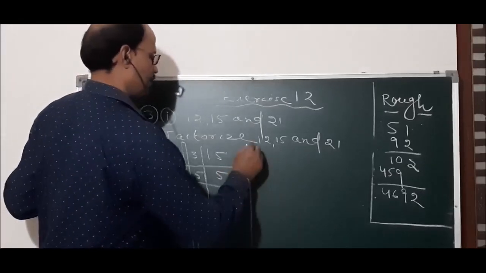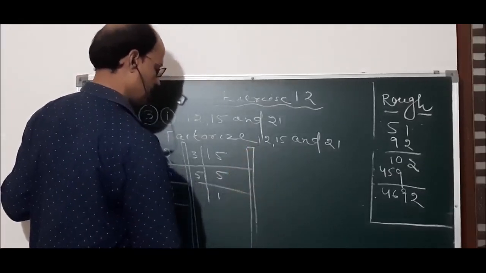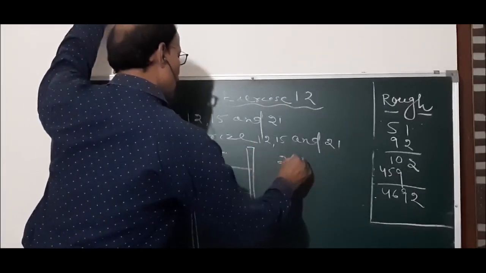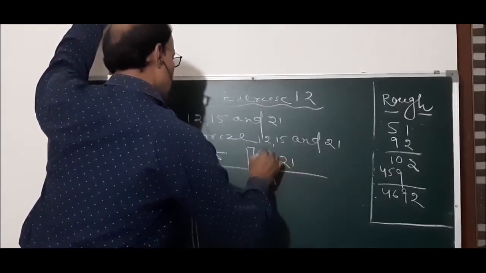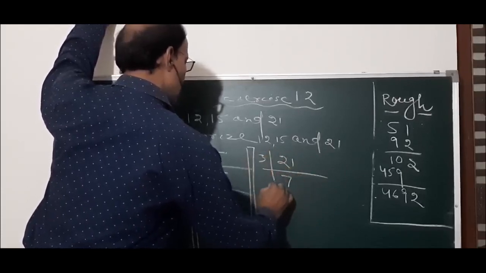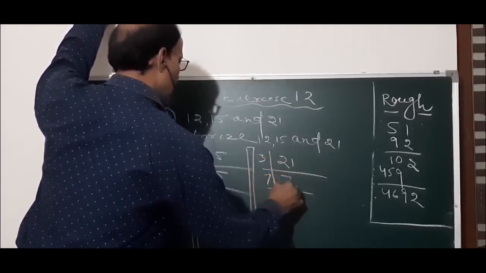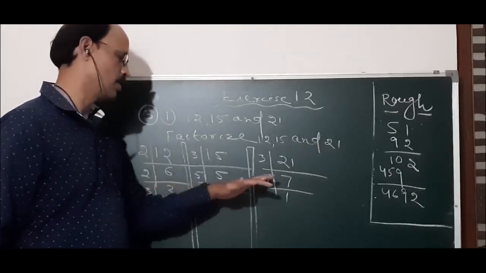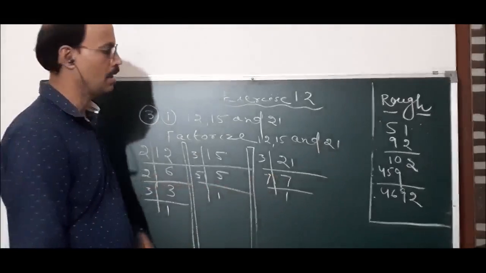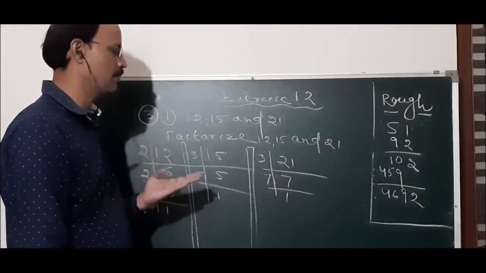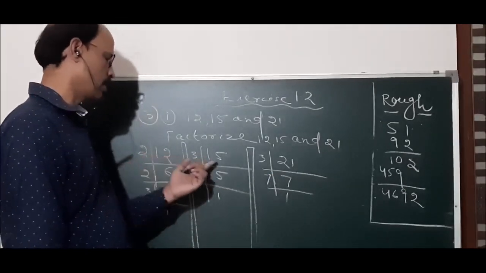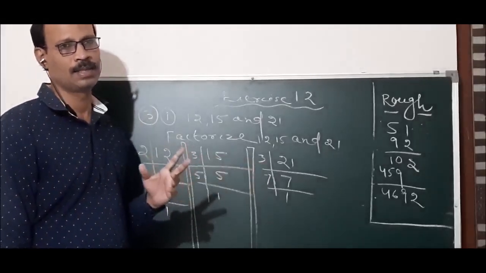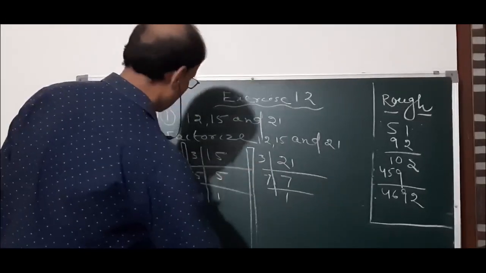Now 21. So 21, 3 7 are 21, 7 1 are 7. So now we factorized all the numbers. Now to find the HCF and LCM, first we have to write all the numbers with their prime numbers in multiplication. So let's write.